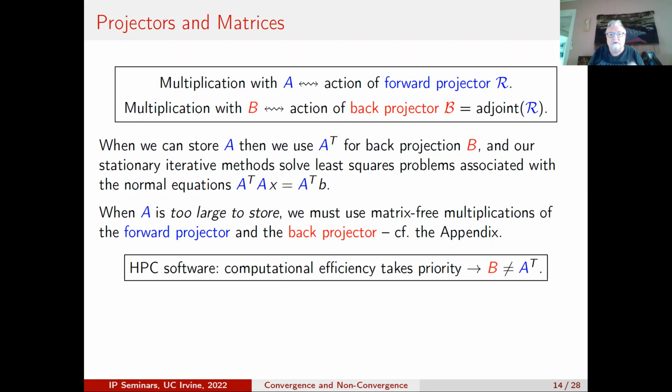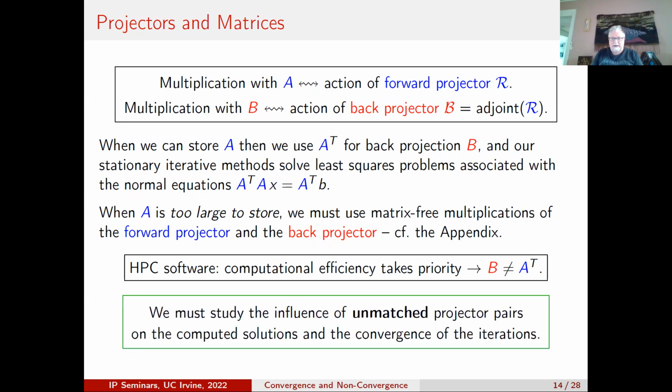Instead, we have two different functions, one that implements the forward projection, one that implements the back projection. And the two matrices, A and B, that represent these two operations typically do not satisfy that B is equal to A transpose. So that's what I call an unmatched projector pair.